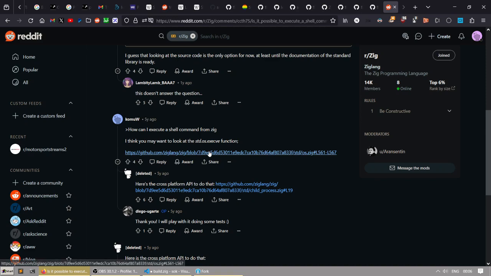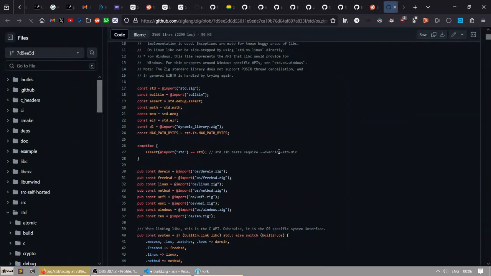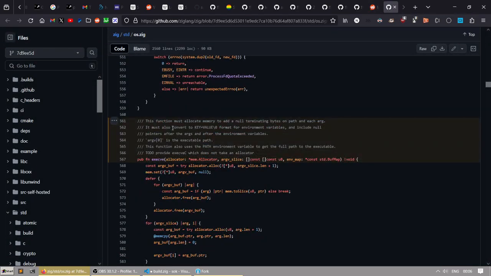I think you may want to look at execv. Okay. Oh my god. This function must allocate memory. Oh no, it takes an allocator, to add null terminating bytes on the path and each argument.